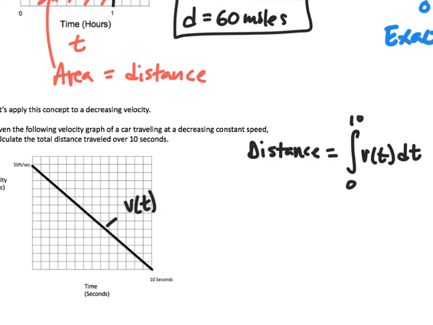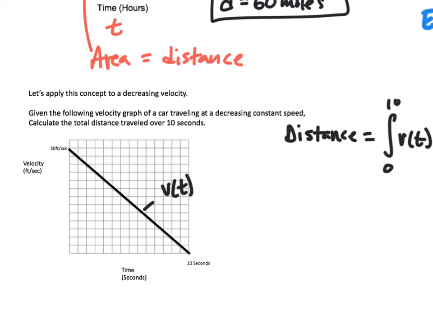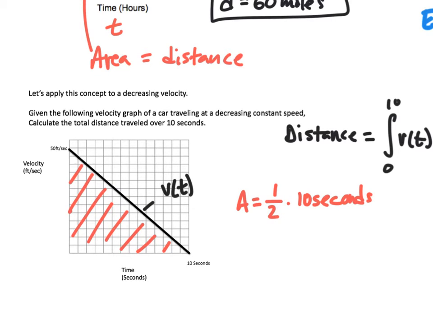Now let's think about why we get that distance. All I'm going to do is calculate the area under this curve, and I know that this is a triangle. So my area of this graph is going to be 1/2 times the base, which is 10 seconds, multiplied by the height, which is 50 feet per second.